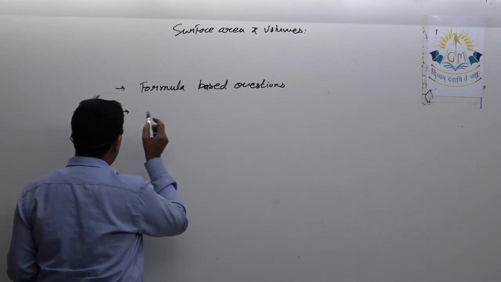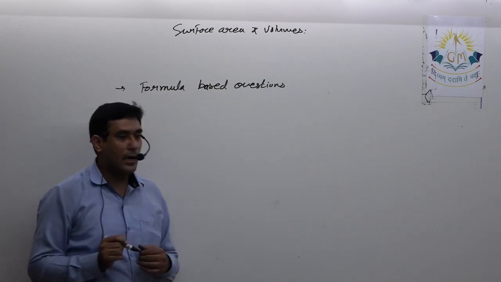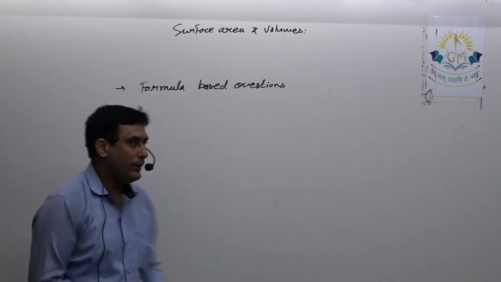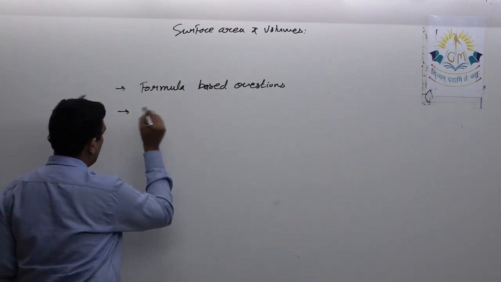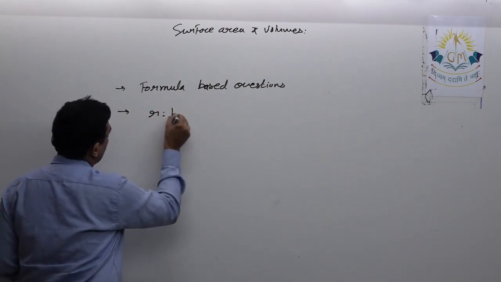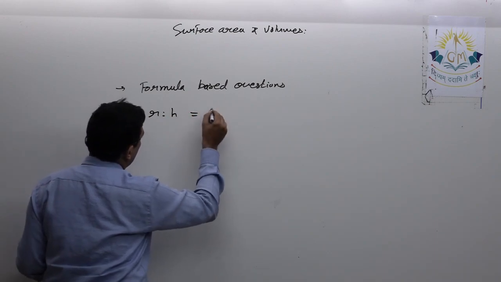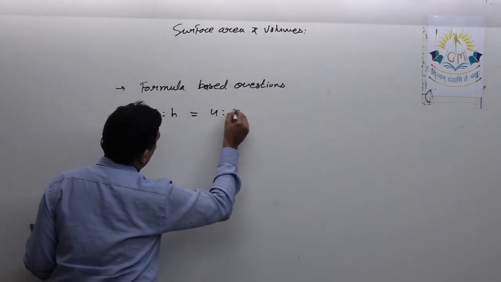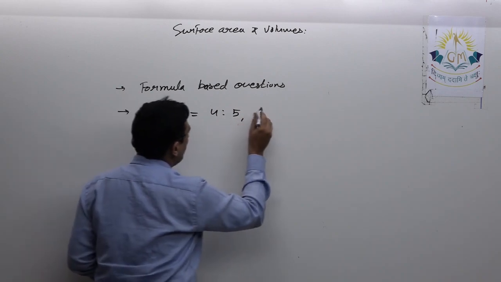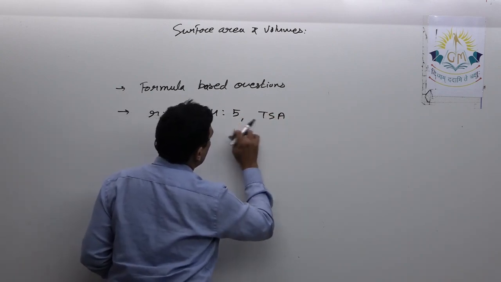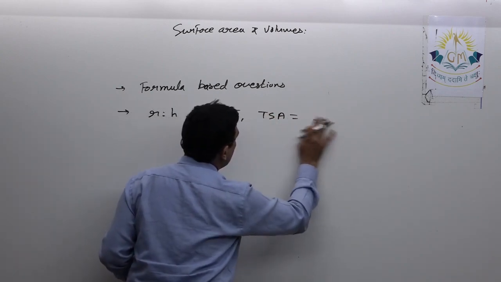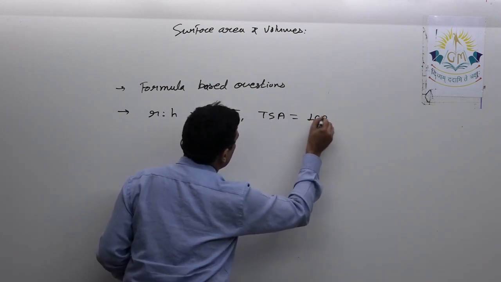Second, it is possible that dimensions are not given directly to you. For example, for a cylinder, the ratio of radius and height is given, for example 4 is to 5, and also its TSA is given, for example 100.